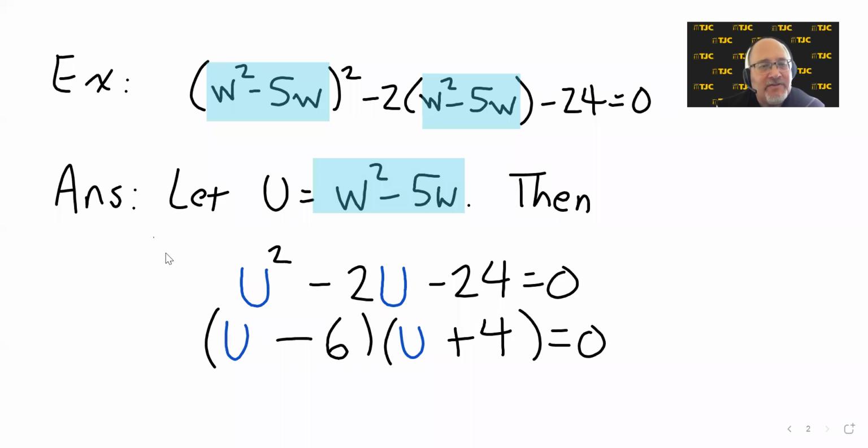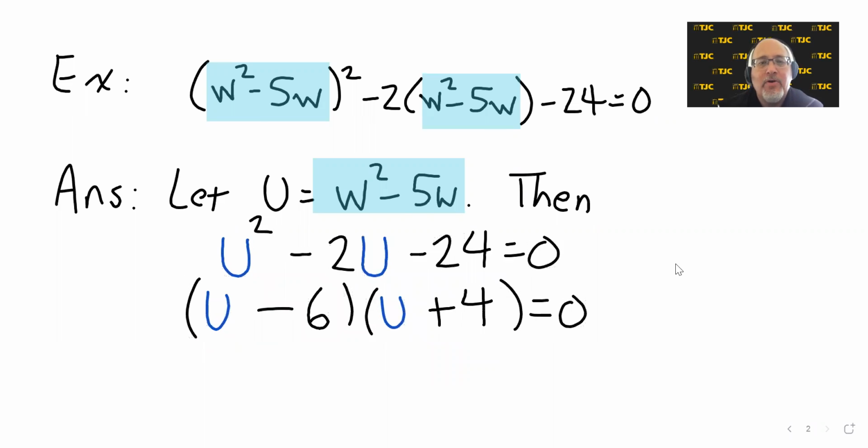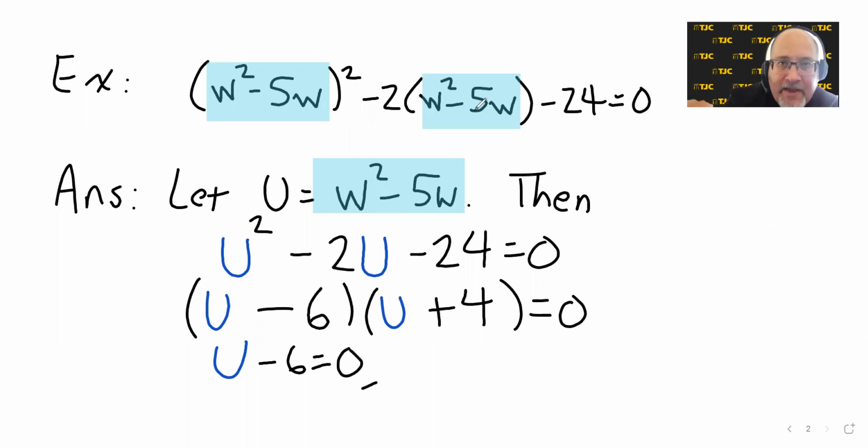And now that it's factored on one side and equal to 0 on the other side, we can split this and set each factor equal to 0. So we have u − 6 = 0 and u + 4 = 0. Both are pretty easy to solve.